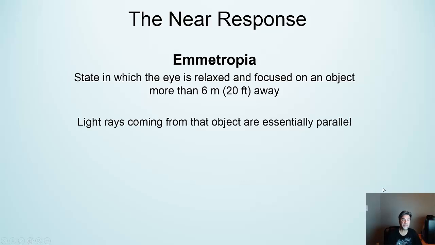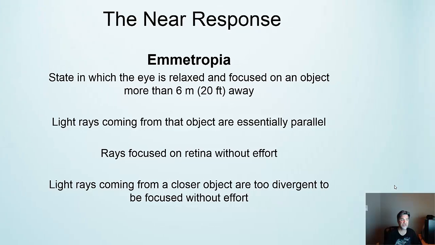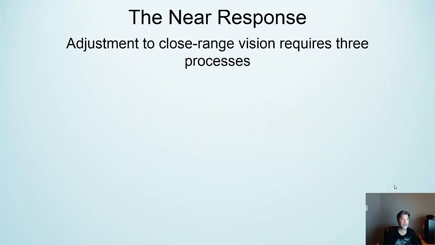So the eye is very relaxed, and light rays coming in from something you're looking at beyond 20 feet are very nearly parallel. And so there's really not an effort to focus too much, but when you move that object closer and closer, the process is going to change quite a bit, and we have to make more of an effort.